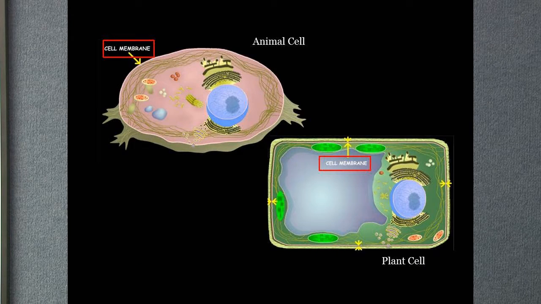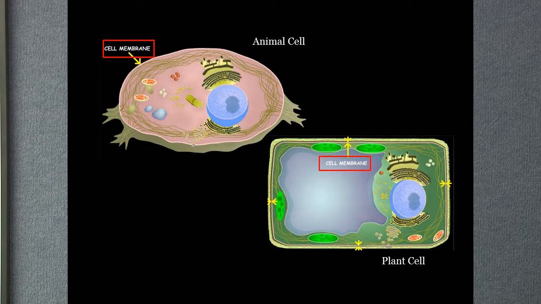So if we look at both the animal cell and the plant cell, we see that both of them have a cell membrane. The cell membrane is the outer part of the animal cell, but in plant cells, it's just inside the cell wall. There's a cell wall out there, and then there's a cell membrane.